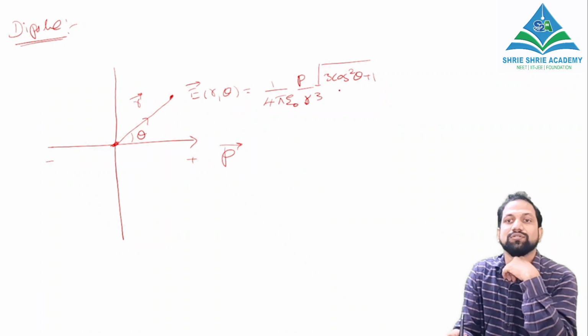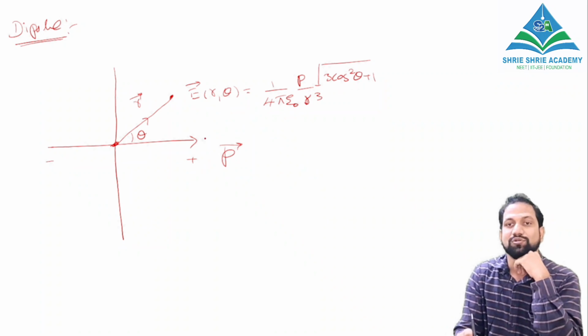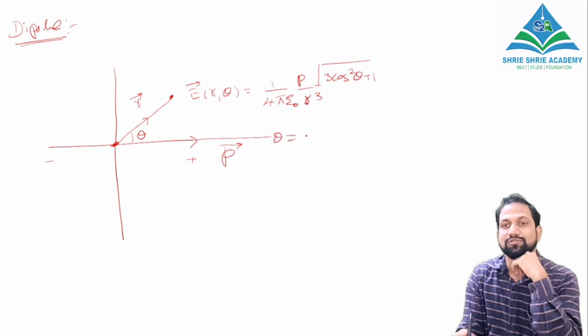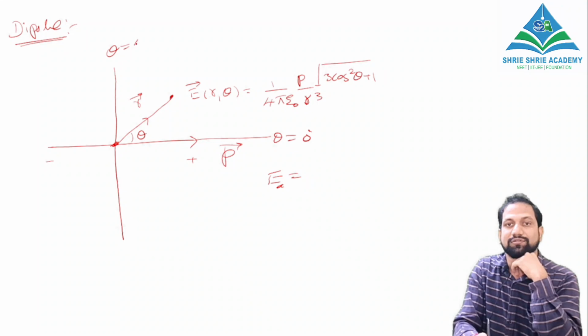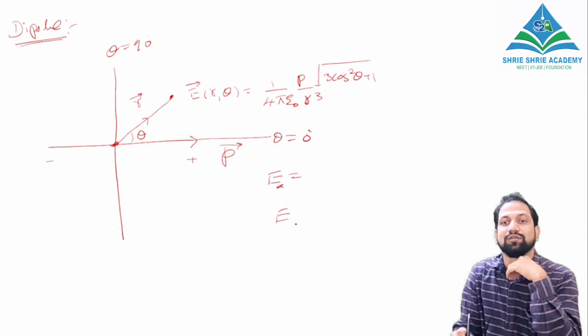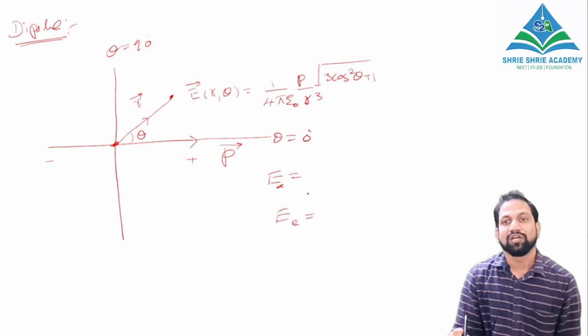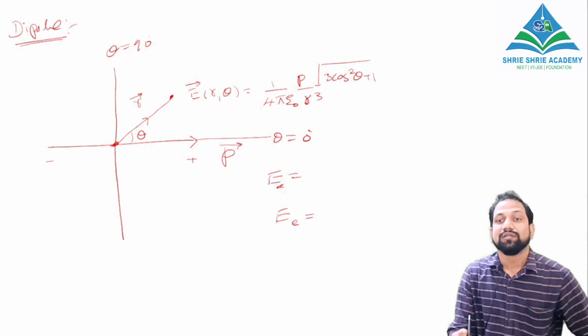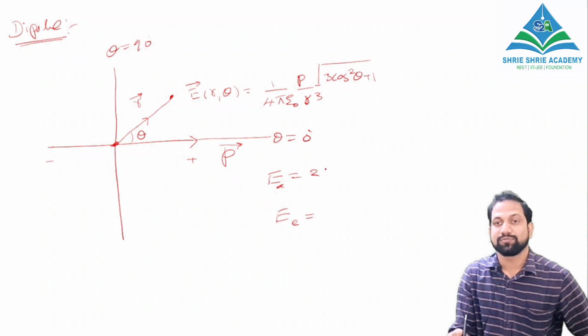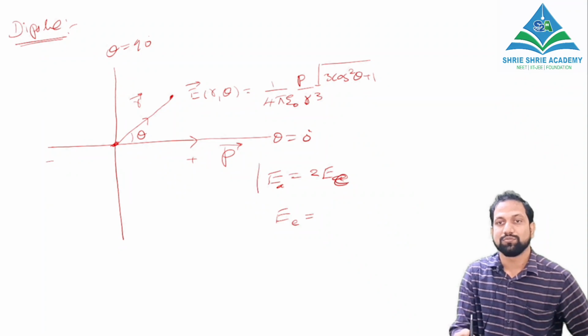So if you substitute theta 0, you will get the electric field on the axial line. If you substitute theta 90 degrees, that is the equatorial line, you will get the electric field on the equatorial line. Remember, the axial field is 2 times the equatorial field, very simple.